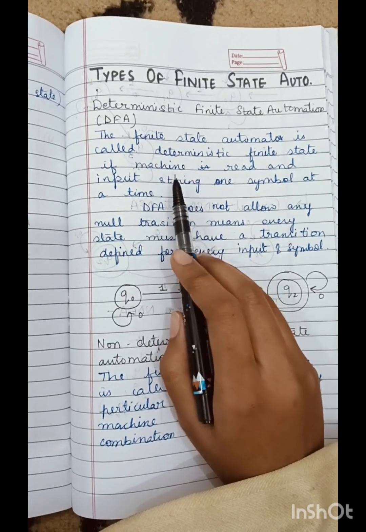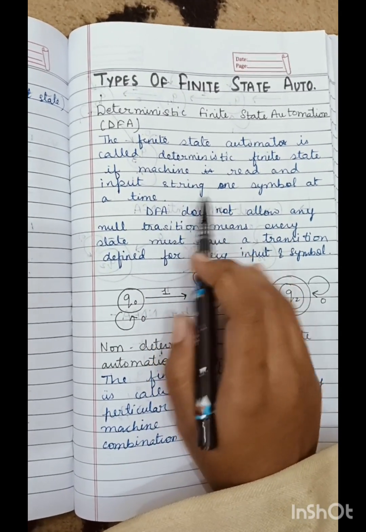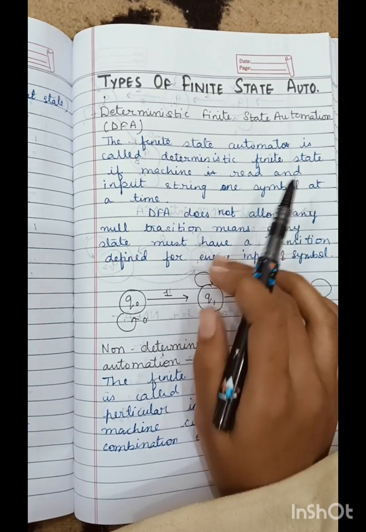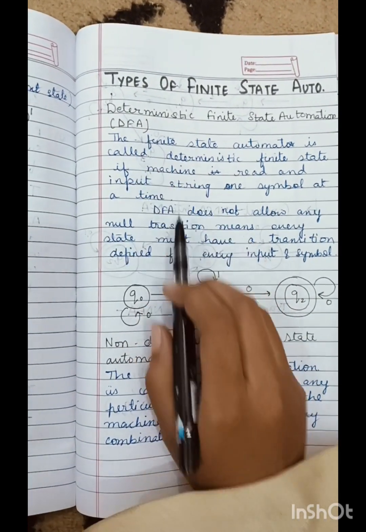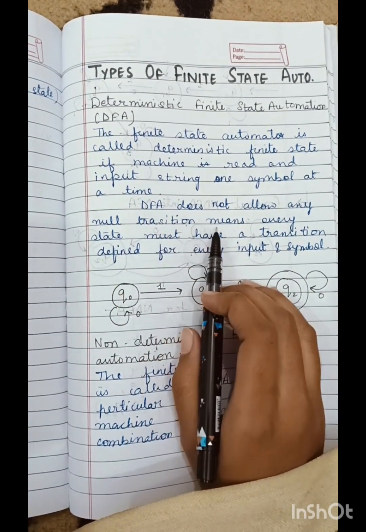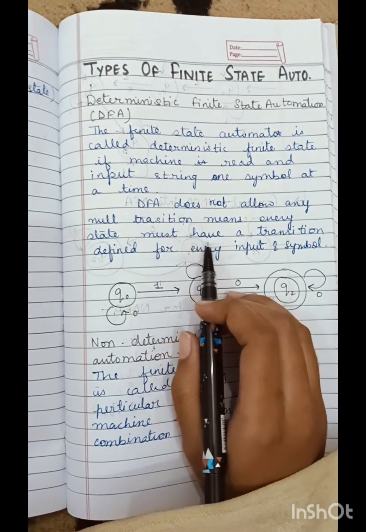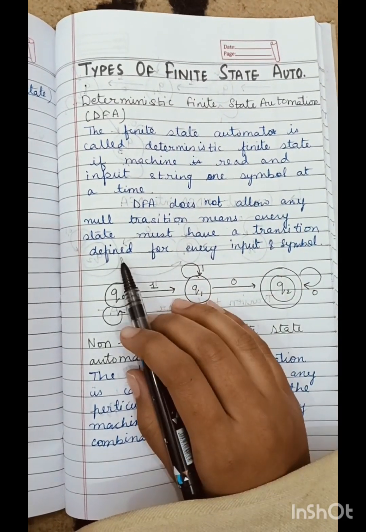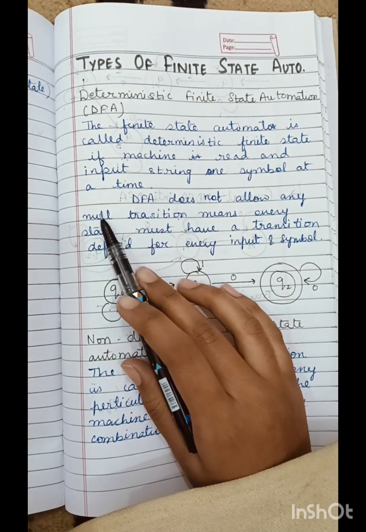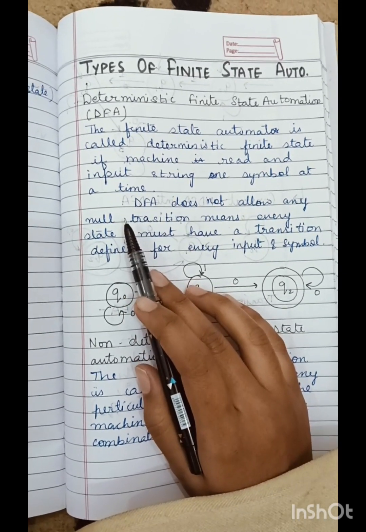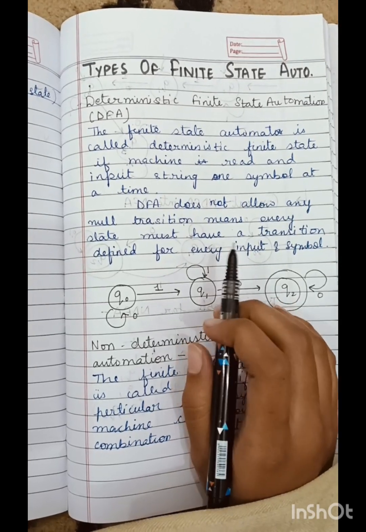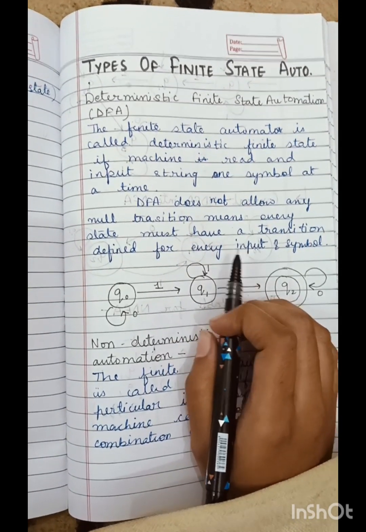DFA does not allow any null transition, meaning every state must have a transition defined for every input symbol. So there will always be a transition defined on every input symbol.